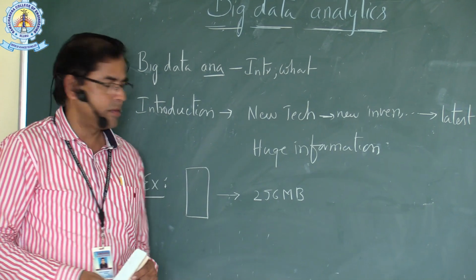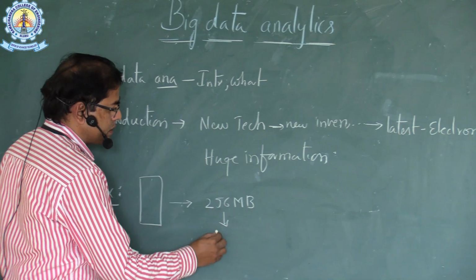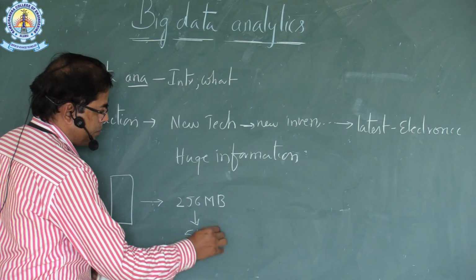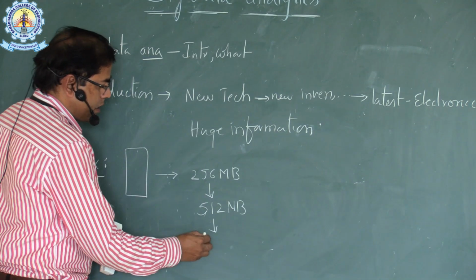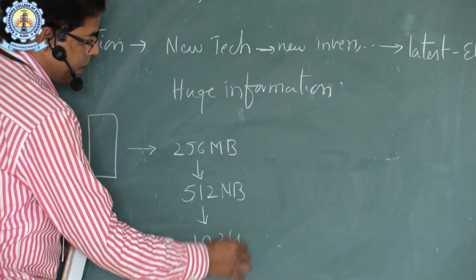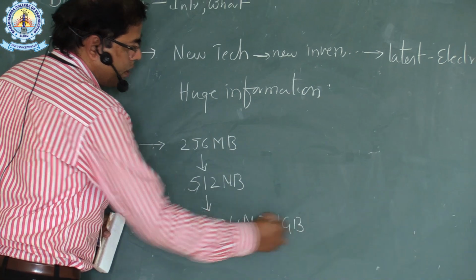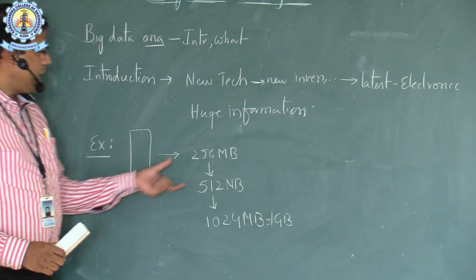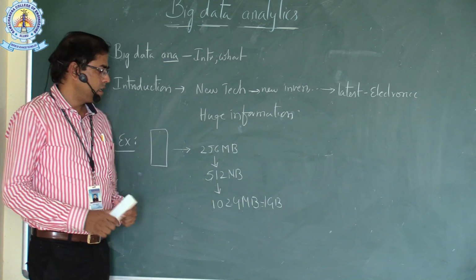After that, we saw 256 plus 256, almost 512 MB. Then 512 plus 512, that is 1024 MB, which we can call 1 GB. We are seeing this kind of device in our days.